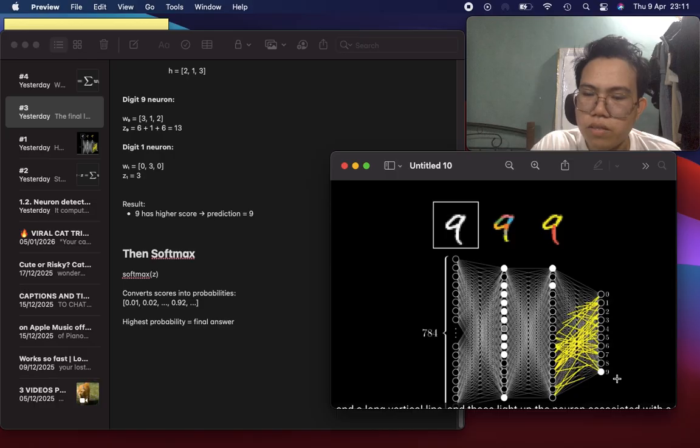It chooses the highest probability, the right answer that is predicted. So the value is 9. That's how the convolutional neural network activates the functions and turns it into the predicted value, and that's it.